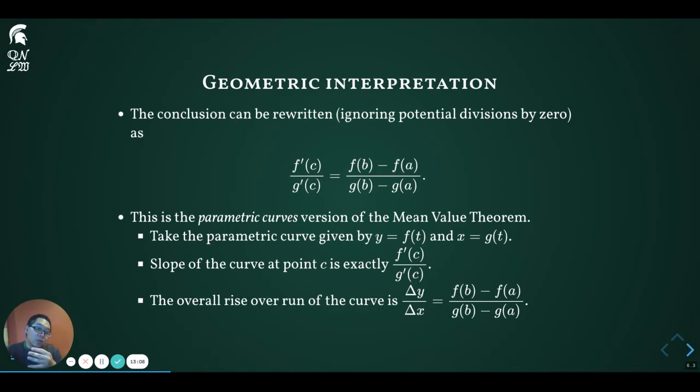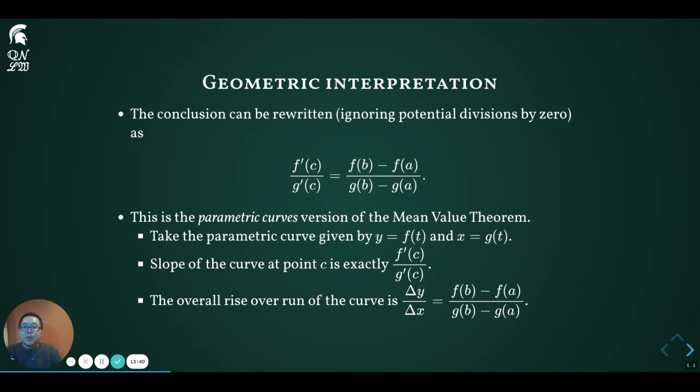If g prime is 0 and f prime is non-zero, this means the curve has a vertical tangent line. And the overall rise over run of the curve over the time period from a to b is the change in y values over the change in x values, which, since the y is specified by f and the x is specified by g, is the total change in f divided by the total change in g.